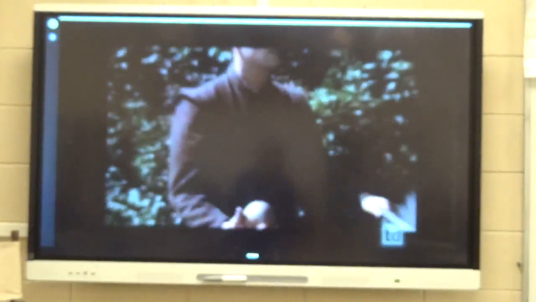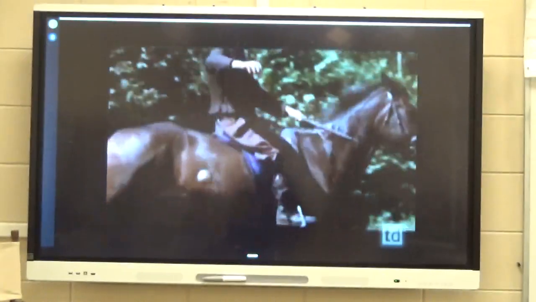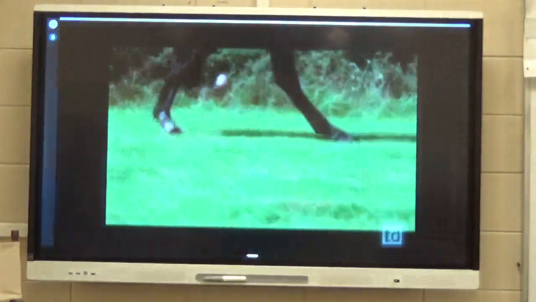Would the ball now fall behind the moving horse? No, thought Galileo, for in his thought experiment, the forward motion of the horse would be translated through the rider's hand to the ball, so that when the ball was dropped, it too would continue to move forward, landing beside the horse just as before.